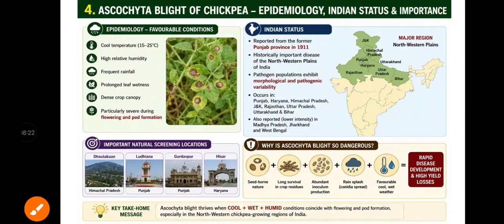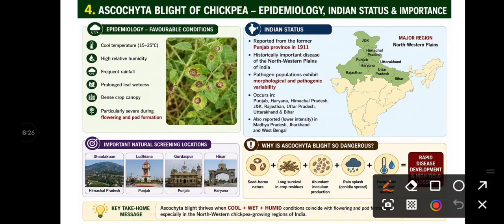Next, about the epidemiology. This disease, as I have already discussed, is favored by cool and humid climate. The temperature favorable for the disease is 15 to 25 degrees Celsius. It requires high humidity. Frequent rainfall favors the disease, because due to frequent rainfall or rain splashes, secondary spread will occur.